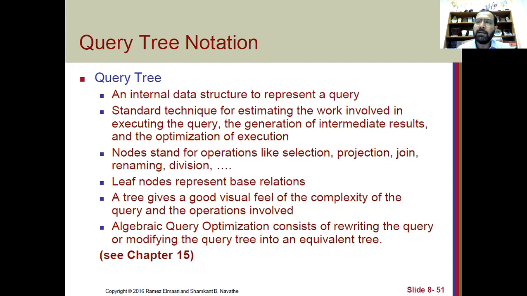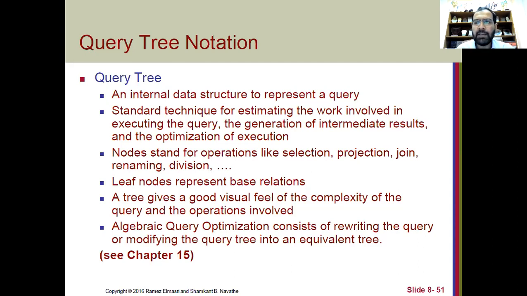As we know, optimization always refers to going for the minima or the maxima. Whenever we say algebraic query optimization, it means that we want to execute that query in the minimal possible operations. With minimal operations, there is less cost involved, and if there is less cost, less time is consumed.